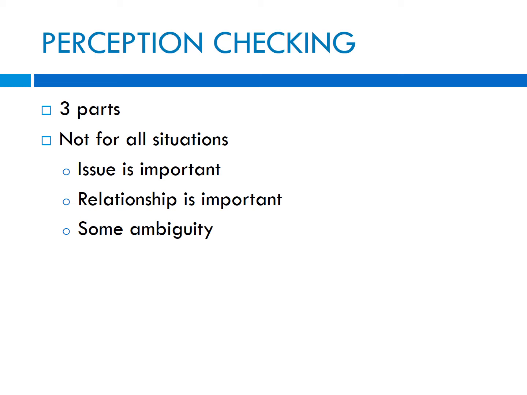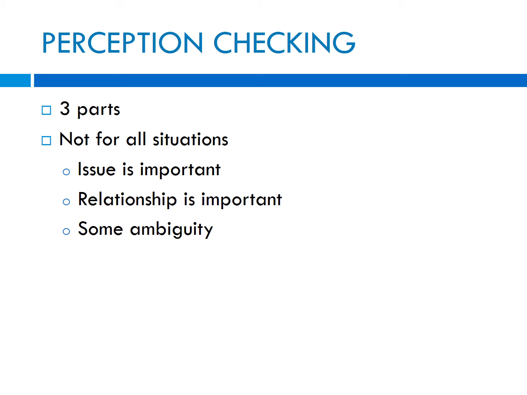On the other hand, one of my other students suggested that this might be a good situation in which to do a perception check. I'm going to make the names up here. My student Tricia had invited friends over for a party, and during the party, she walked into her bedroom, and one of her friends was taking money out of Tricia's wallet.